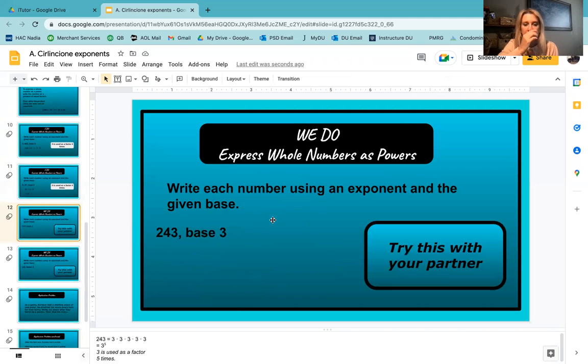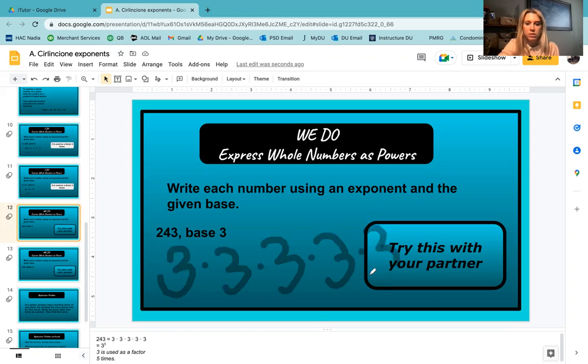Okay, I want you to try this. Try 243 base 3. Okay, so if my base is 3, I'm going to write 3 here, and then my multiplication symbol and do 3. Is 3 times 3 243? No, it's not. Keep going. Is 3 times 3 times 3 times 3 243?